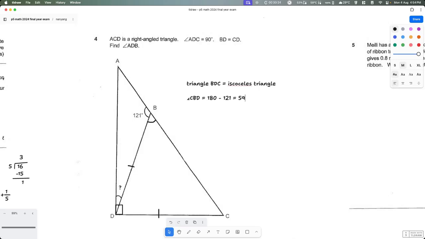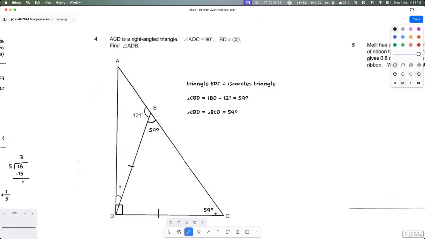That's what you see over here. So now we know that this is 59 degrees, which means the other side is also 59 degrees. So angle CBD is also equal to angle BCD, which is 59 degrees.